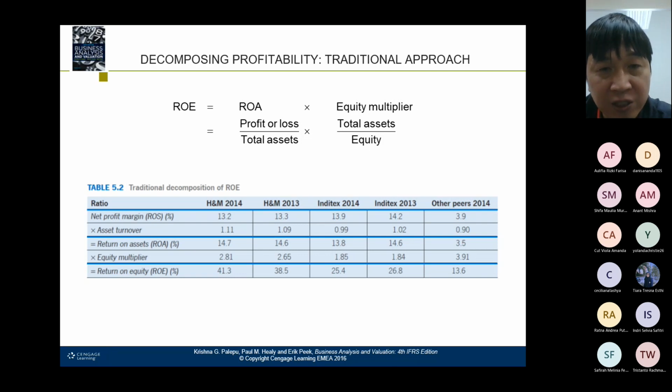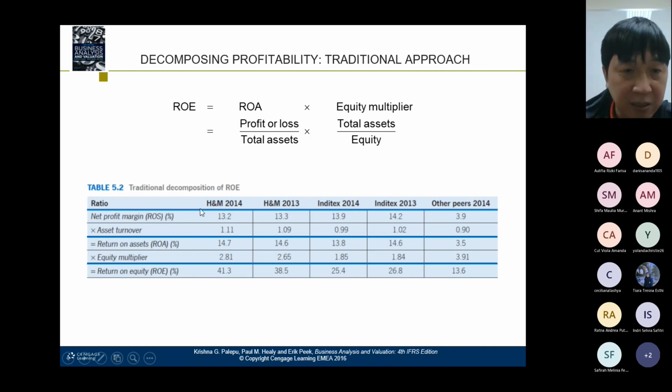ROA is profit or loss over total assets. The equity multiplier is total assets over equity. Table 5.2 shows the traditional decomposition of ROE.